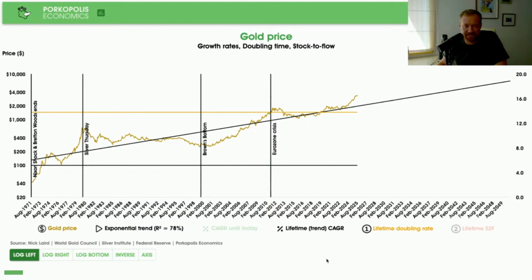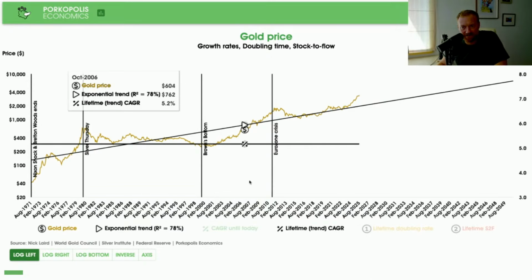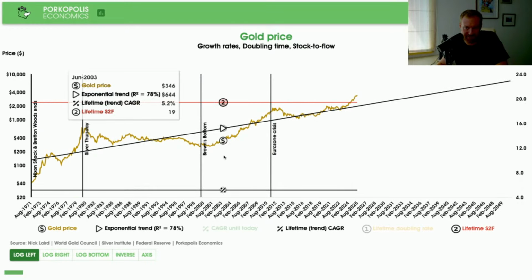It's not even scientific. Stock to flow is 1 divided by the CAGR. So again, in price, not in ounces terms, but in price, they're both exponential, by the way. It doesn't matter if it's ounces or price. 1 divided by this will get us to stock to flow. What's 1 divided by 5.2%? 19. So the caveman would look at this 5.2% CAGR and say, oh, it doubles every 19 years, which is incorrect.